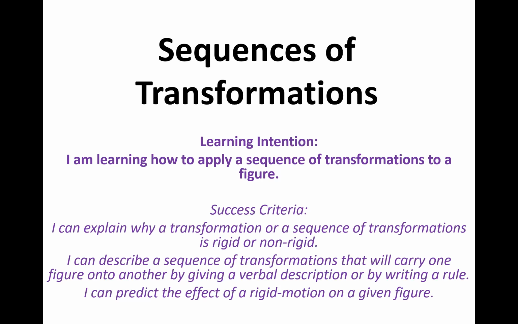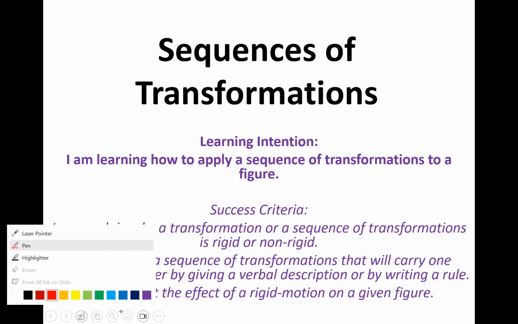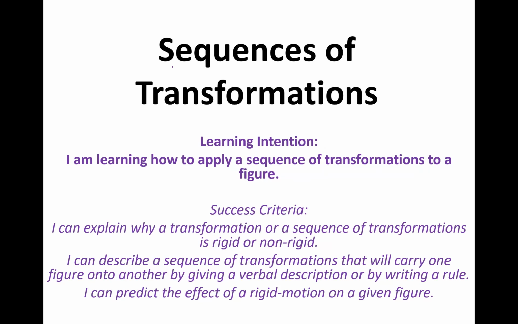Before we go forward, I do want to draw attention to a vocabulary word here. We have the word sequences, and in this case, we have the idea of one thing happening after another.